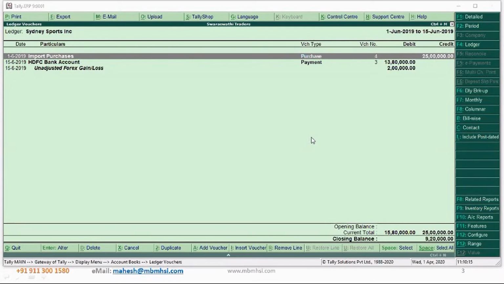Ultimately, I need to adjust for the whole $1 lakh. Okay, and as of 15th of June, even though we made one payment, you need to take it at the full purchase cost, not at the partial purchase cost, though you are making a partial payment. Because you are closing your books of accounts, and this is just a notional loss that it is showing on your system. Okay, and generally we don't pass any adjustment entry until we make the full payment.